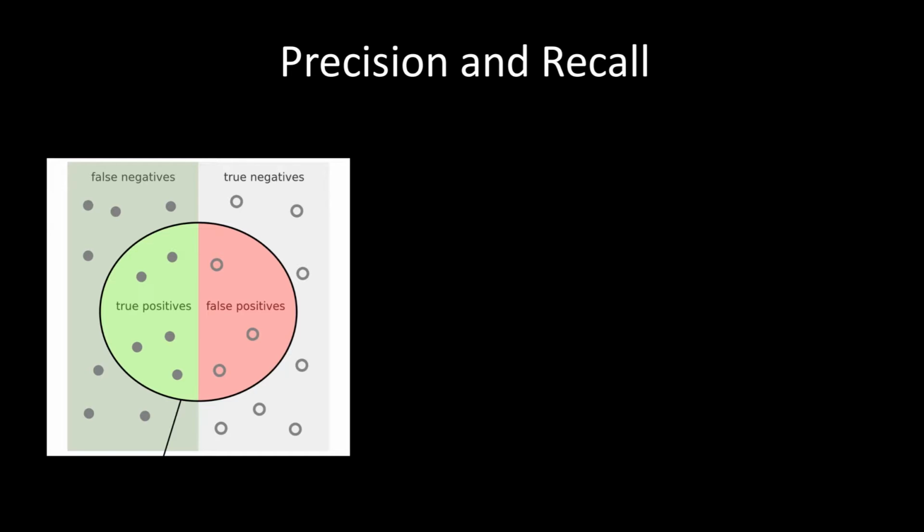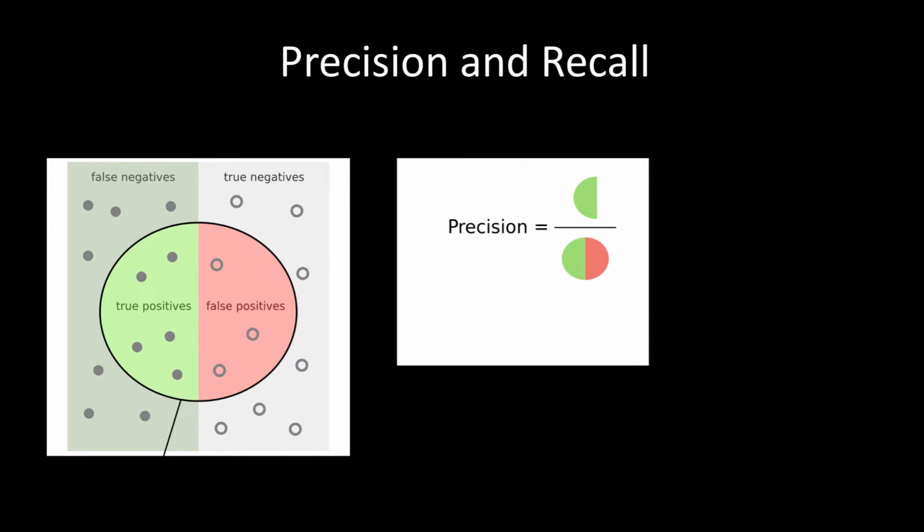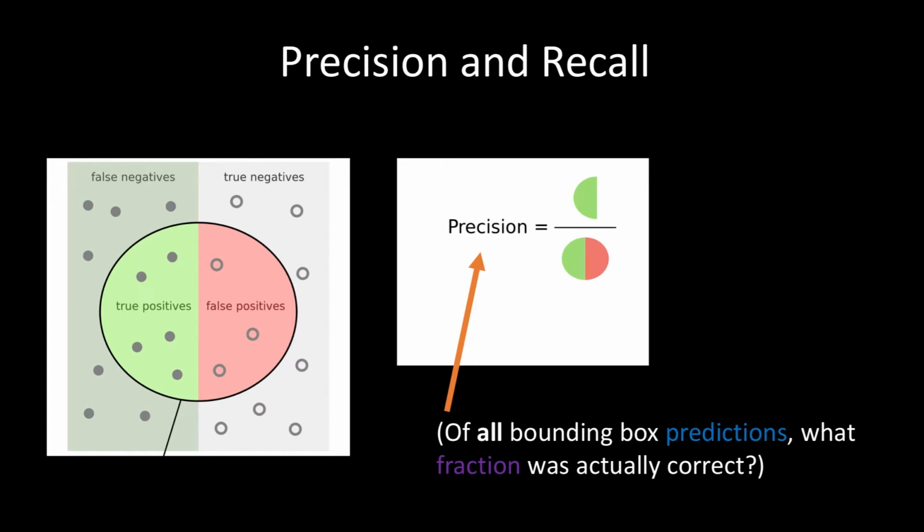So that in this case, true negatives is not something to consider for bounding box predictions. All right, for the first key metric, which is precision, we take the true positives and divide that by the true positives added with the false positives. Essentially in words, that is, of all the bounding box predictions that we made, what fraction was actually correct.